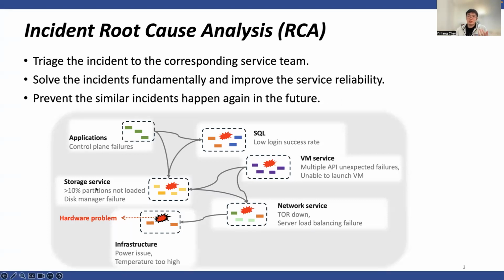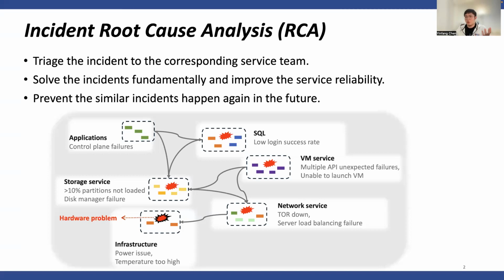Storage service may have some partitions not loaded, the network service may be down for some time, some VMs cannot be launched, or there may be a low login success rate for the SQL service. So the engineers responsible for these incidents may feel very anxious, like finding a needle in a haystack, since there are a lot of ramifications in this cloud world.